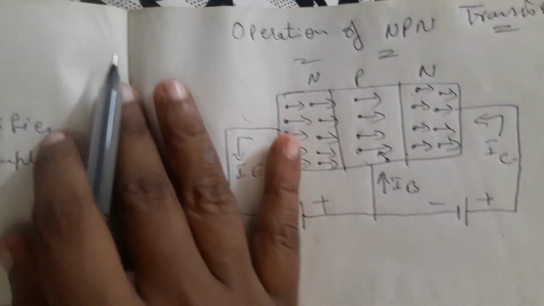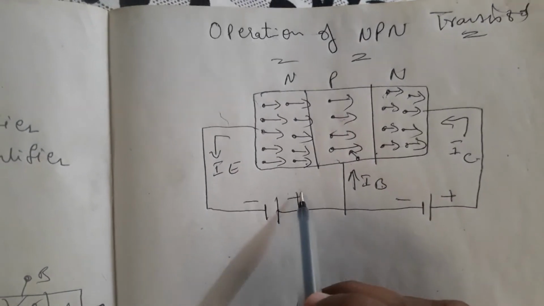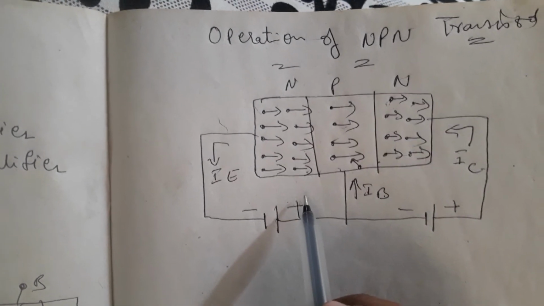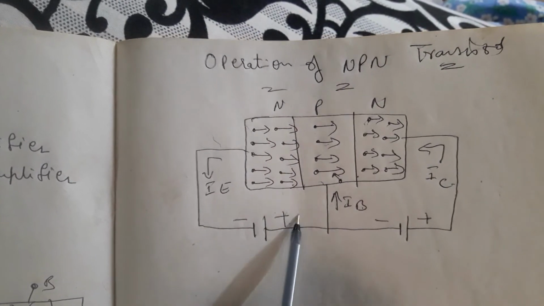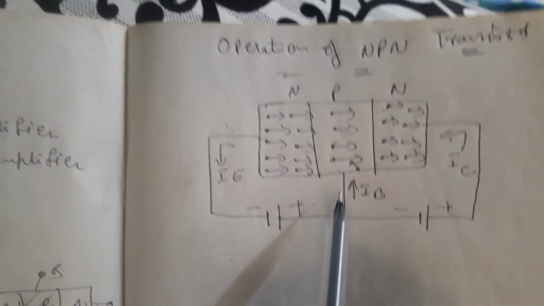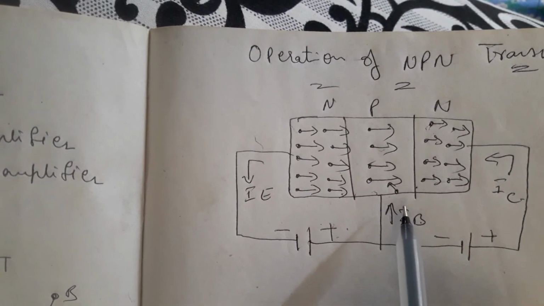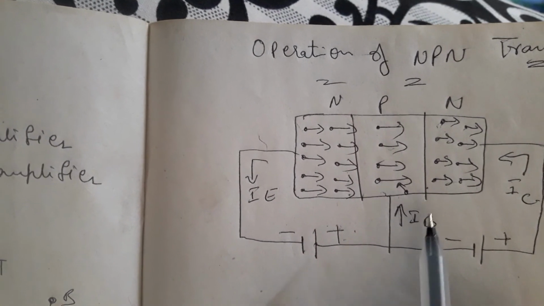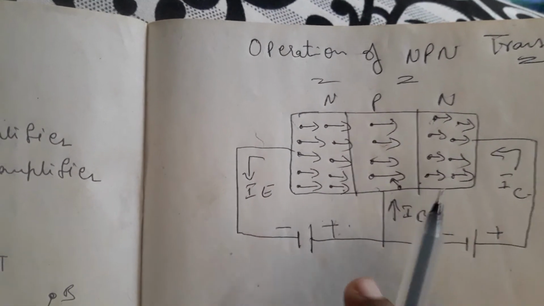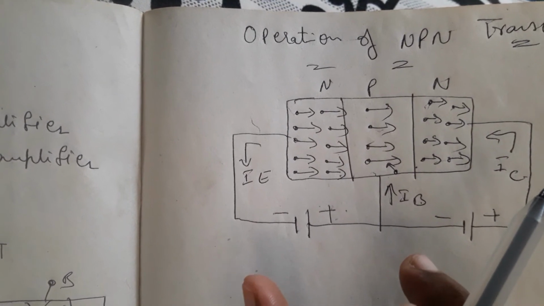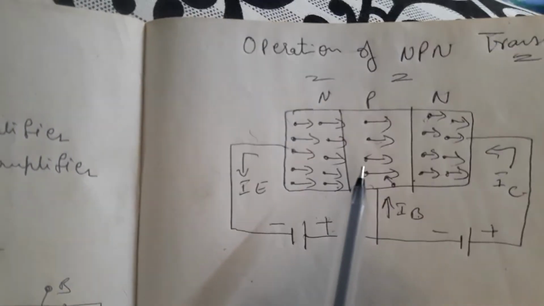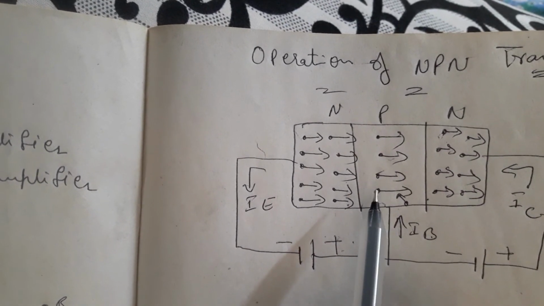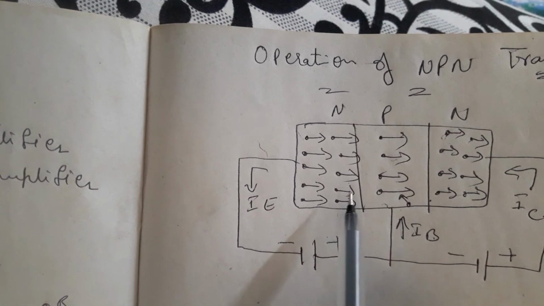In this circuit, the forward bias applied to the emitter base junction of an NPN transistor causes a lot of electrons from the emitter region to cross over to the base region.